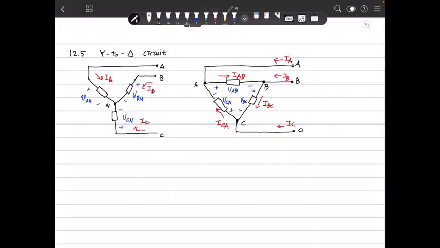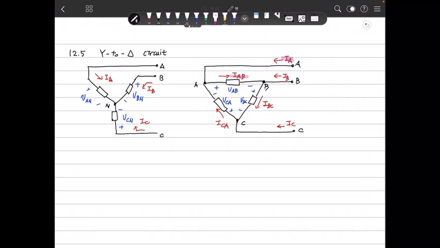In the Y configuration, there are three voltages and three currents, but in the delta configuration, there are three voltages and six currents. So this current is not the same as this current, or this current.